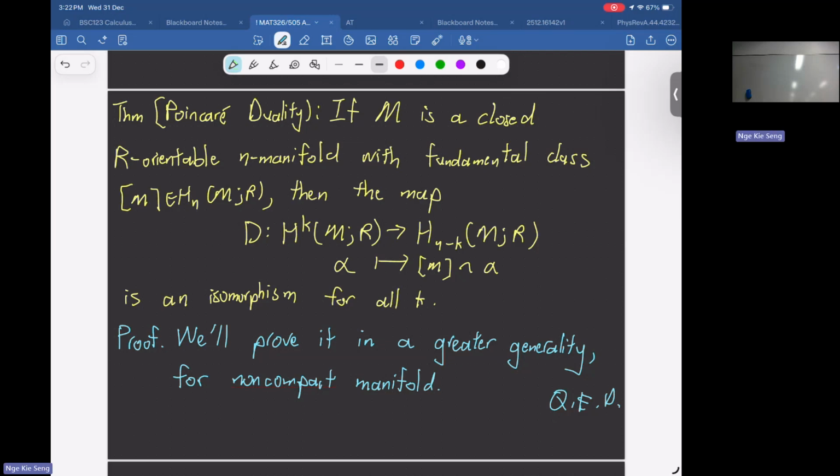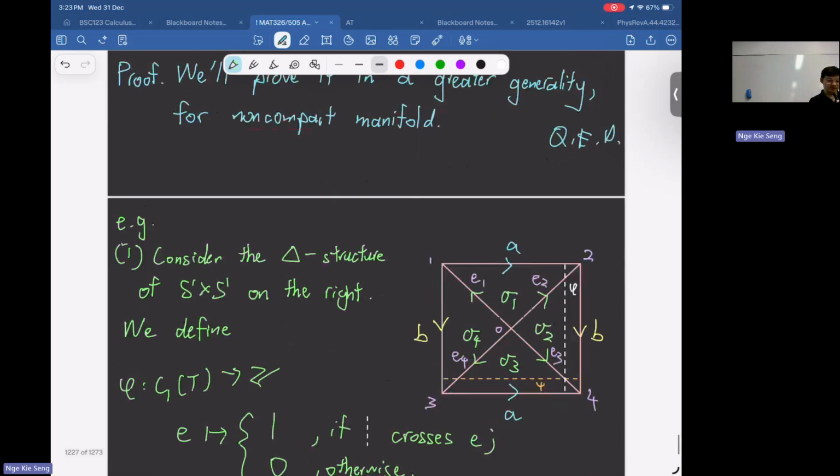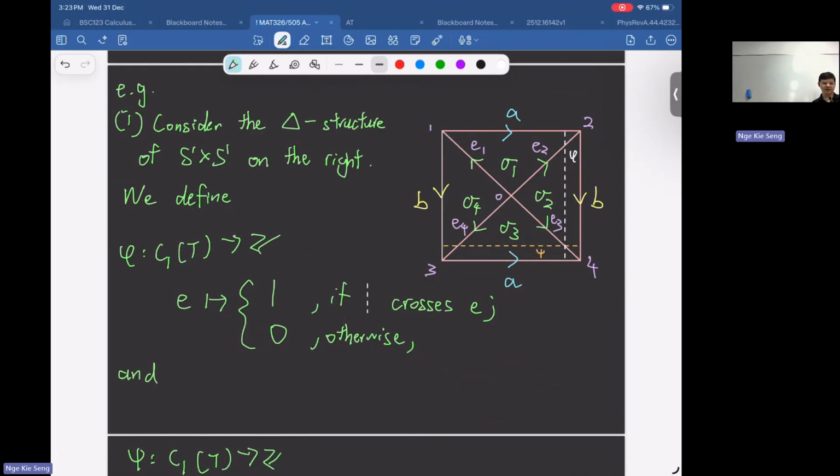And moreover, you expect this matrix to be invertible because it's an isomorphism. Yeah, actually, the cap product is linear. Okay, so this thing here is a matrix.